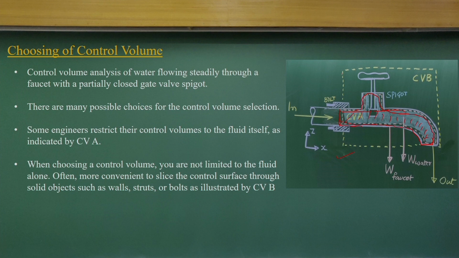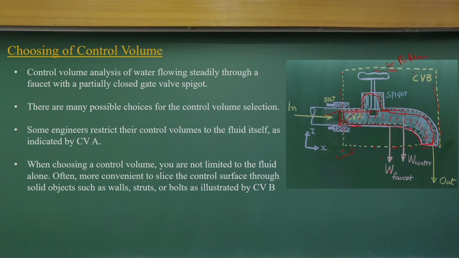Instead, if I take a control volume like this, control volume B, very clearly I know the inflow, I know the weight components, one is the water weight and the other is the weight of the tap or spigot part. Then I also know Q out from this. If I consider this control volume, over this the pressure will be P atmosphere.